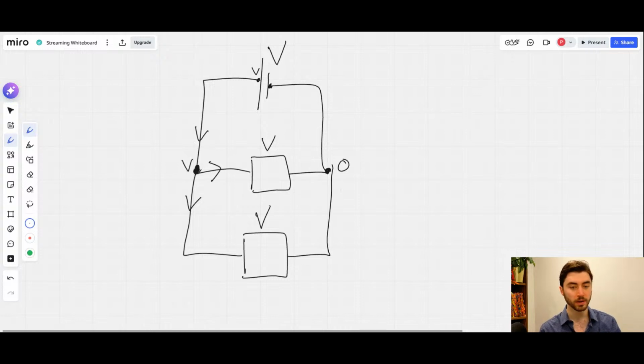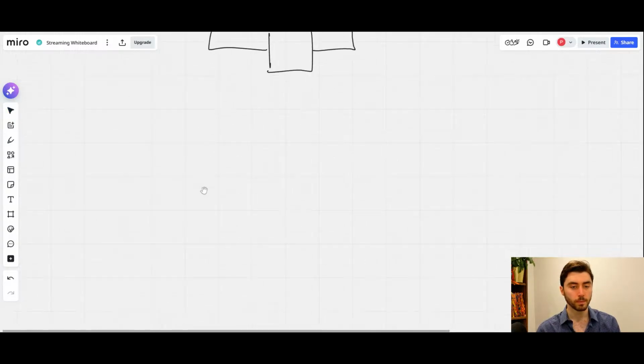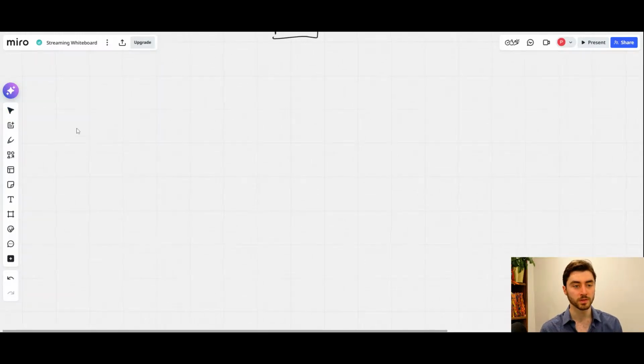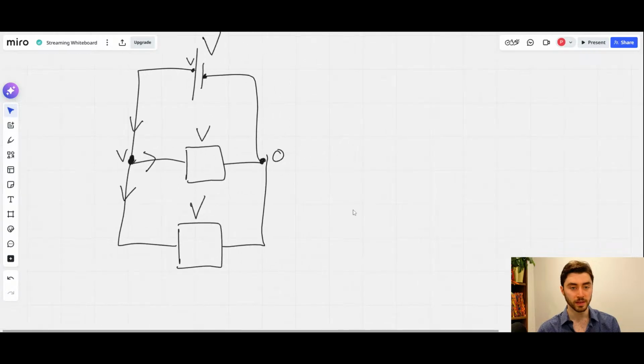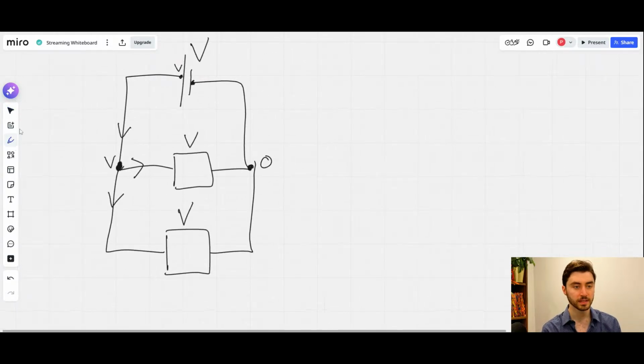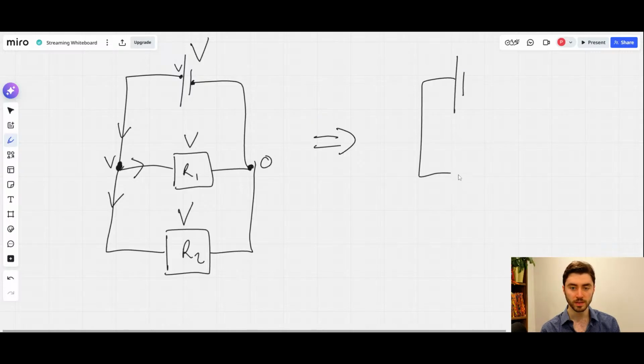You also know about combining resistors in series and in parallel. If we have resistors in parallel, let's take this for instance. If this is R1 and this is R2, I can write this as an equivalent circuit with a single resistance.